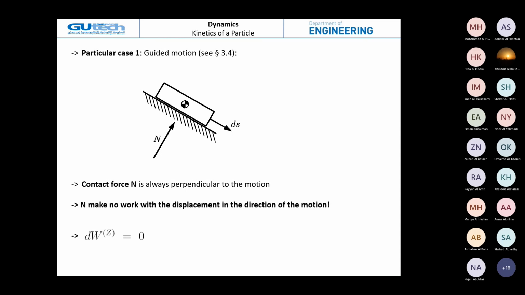Always the work is the force in the same direction as the motion. This is the definition of the work. Then dW, the change of the work, is equal to 0.